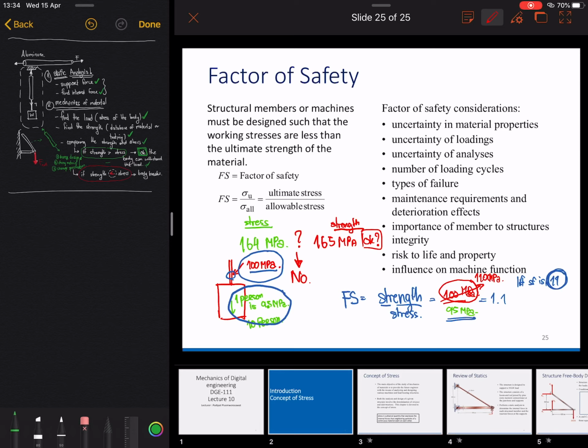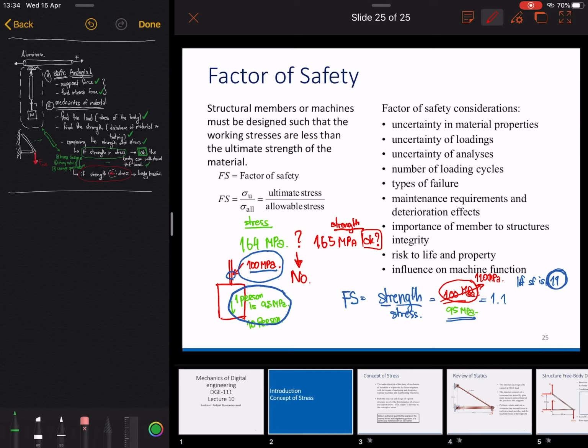So the strength has to be 11 times more than the stress for safety reasons, because when the lift is falling down, you will cause a loss of life. So we need a really huge safety margin to prevent these unpredictable incidents.